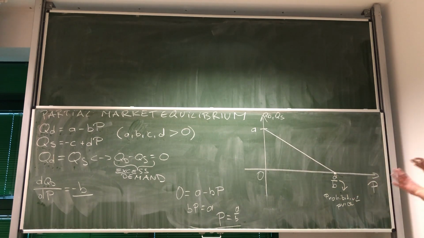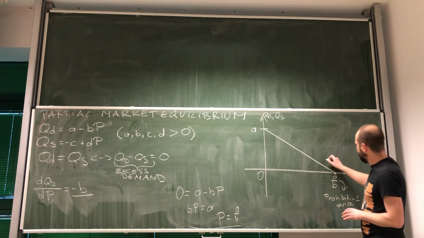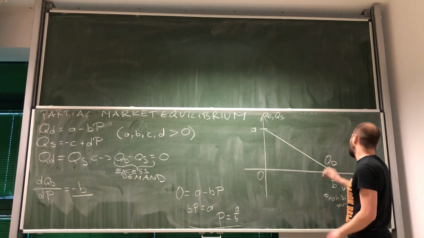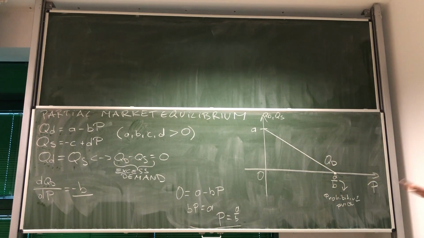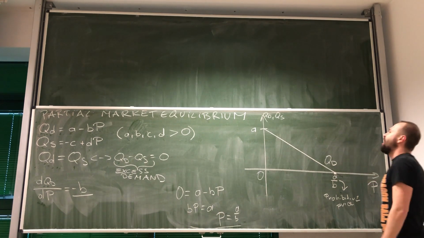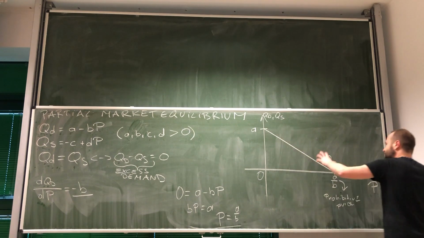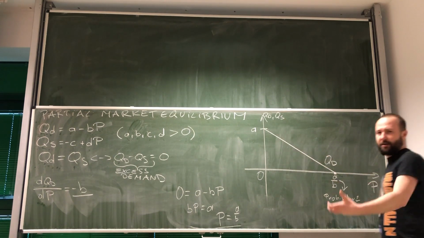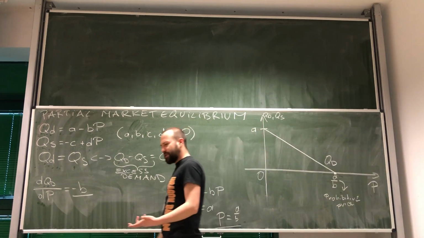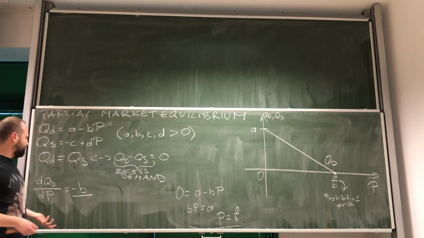Okay, so we know now quite a lot about our demand function. This is quantity demanded, or we can just write demand like D, the same thing. Okay, but we know what is B. B is telling us how much customers reduce their spending on this particular good when price is rising.